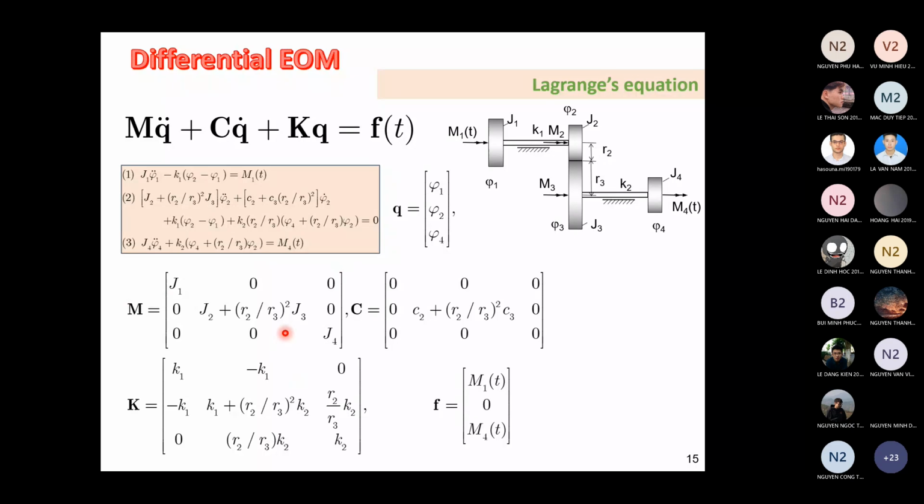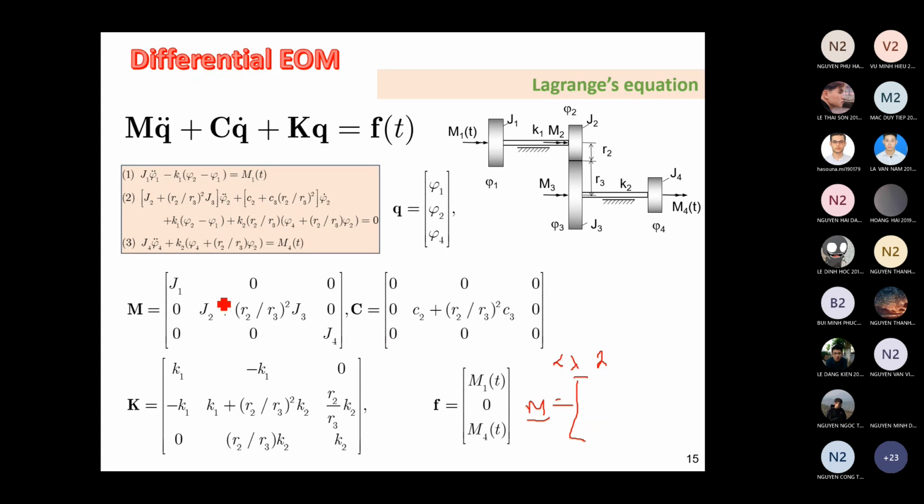What is the form of the matrix M? For example, with the matrix size 2 by 2, the matrix M only has values at the elements 1,1 and 2,2.